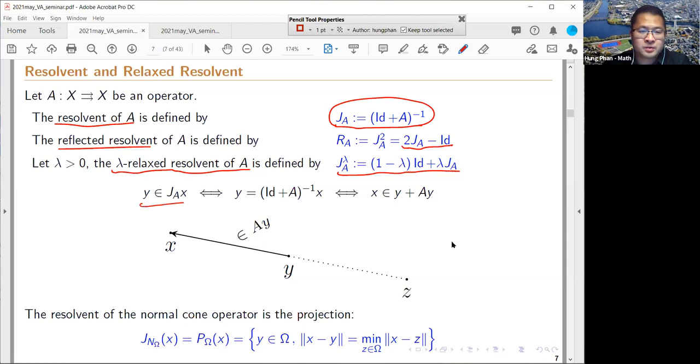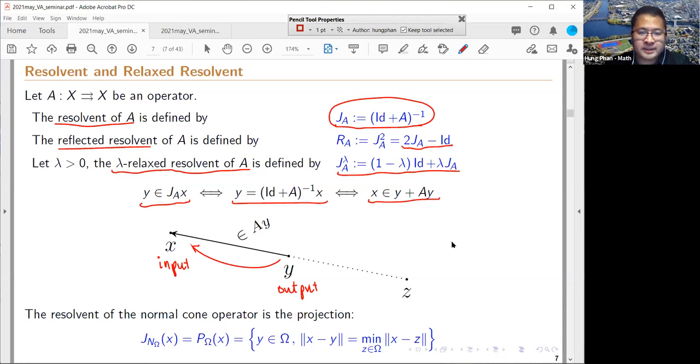So y belongs to JA x can be rewritten by definition, and then by equivalence, we have x belongs to y plus Ay. That means given an x as the input, we try to find an output y so that you can go back to the point x using a vector in Ay.